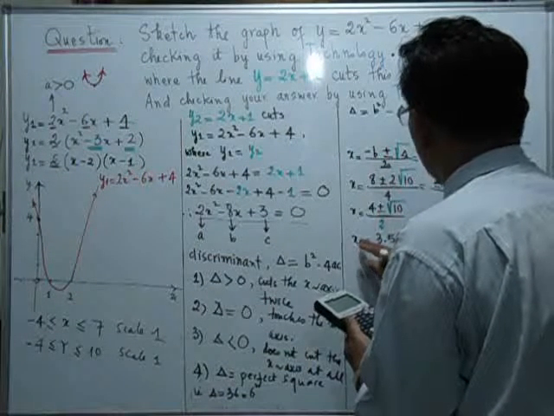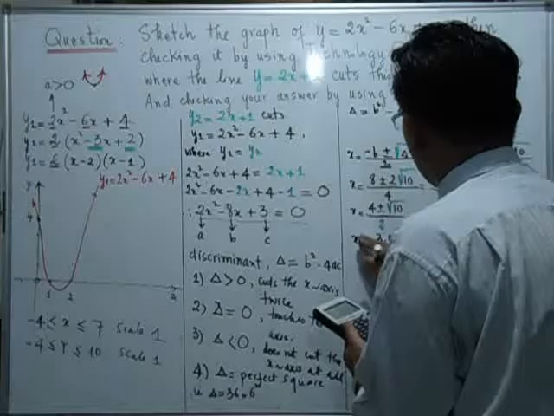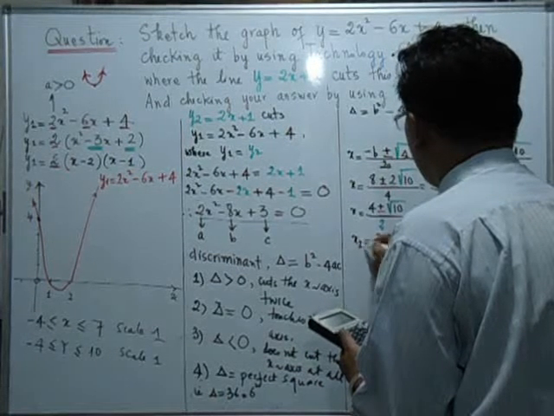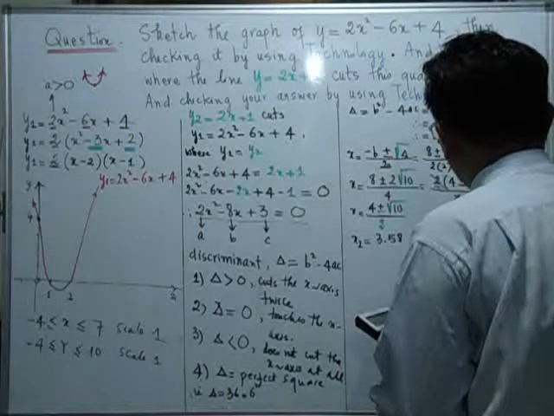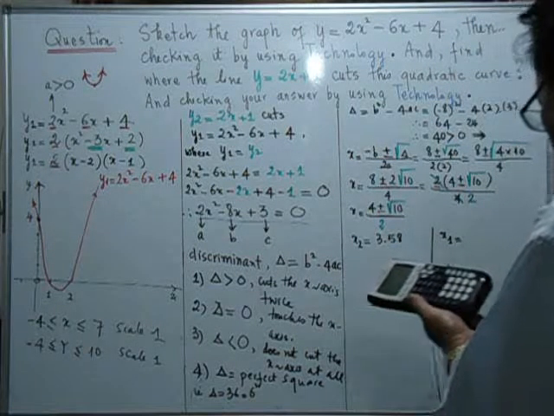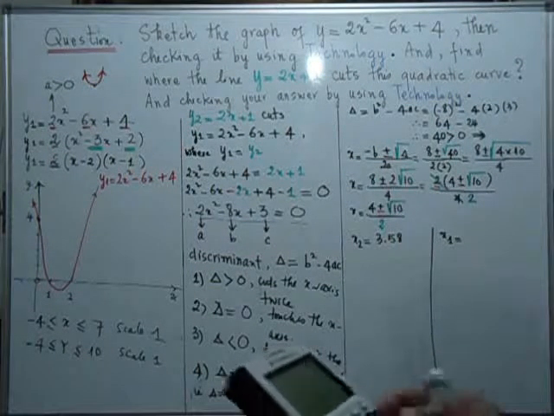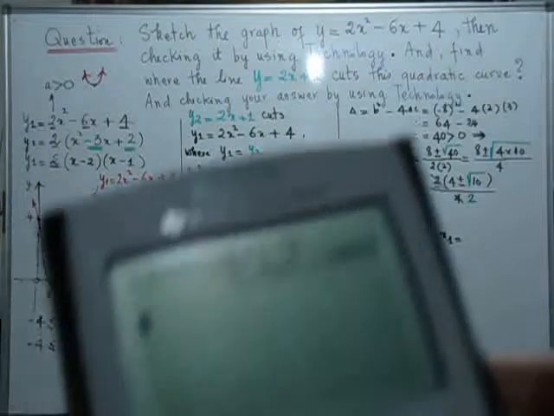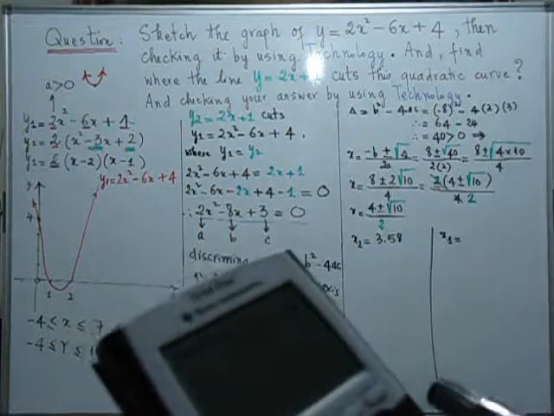We call that x2 here, and that one x1 there. It's better. Now x1 we clear, or we leave it there for us to see clearly.